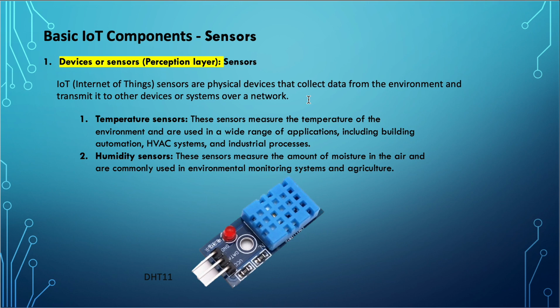So the first example of sensors is the temperature sensor. Of course, as it says, it is there to measure the temperature. It could be the temperature of the environment that the sensor is located in. We use it in different industrial processes.